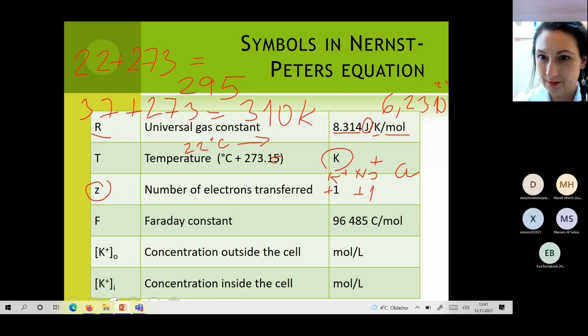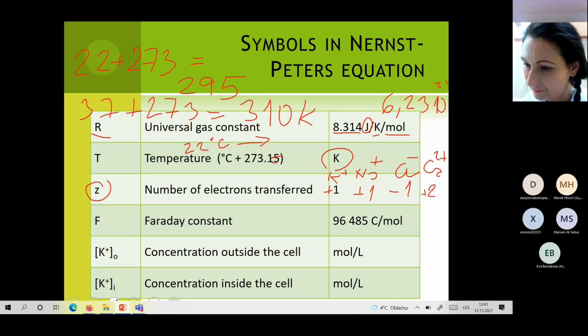For chlorine, Mariam? It's -1. Yes, very good. And Katarina, what about calcium? +2. Yes, very good, +2. Okay, Mariam, Katarina.